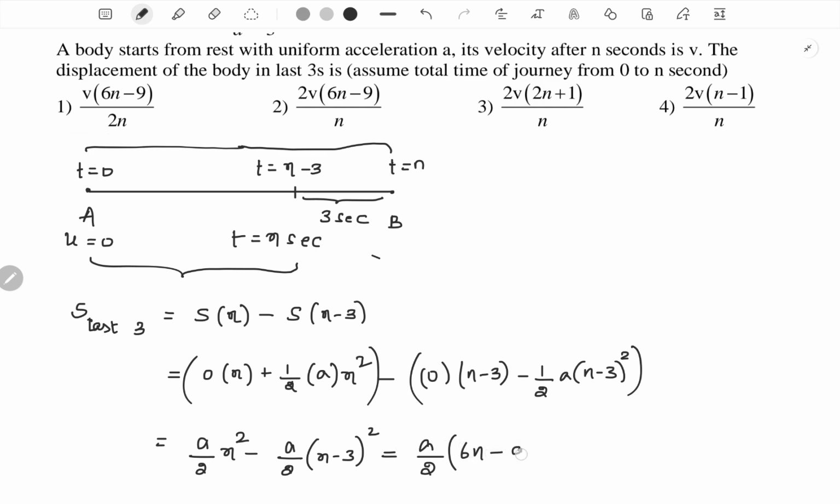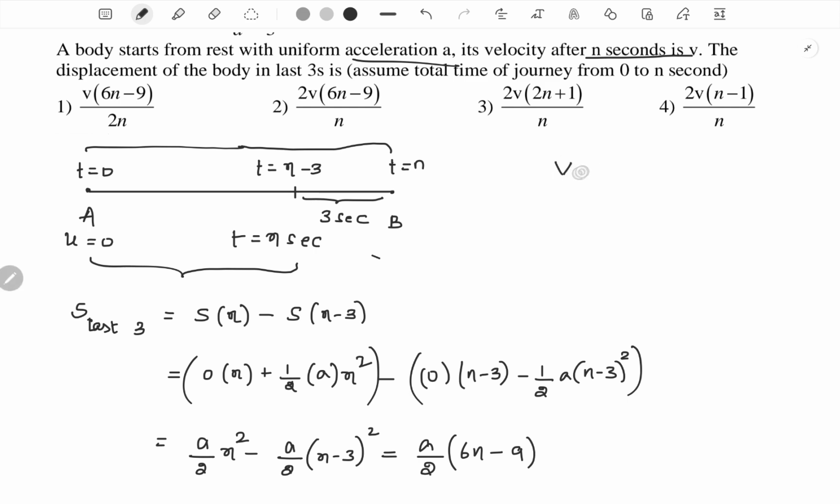But if you look at the options, the answer is in terms of v and n, while the answer that we got is in terms of a and n. Look at the first piece of information. They said that it was moving with acceleration a, and its velocity after n seconds is v. So we will express acceleration in terms of v.